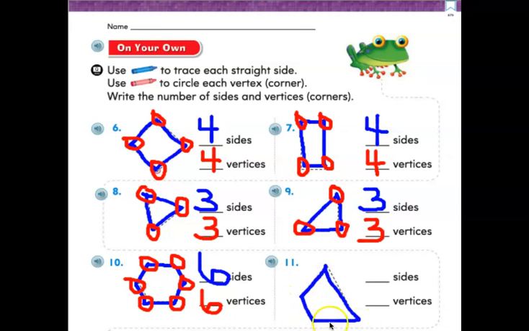And we had 1, 2, 3, 4 sides. Whoops. That's a really funky 4, but 4. Get my red crayon back. And there's 1, 2, 3, 4 vertices or corners. All right, so there we have our straight sides and our vertex or corner.